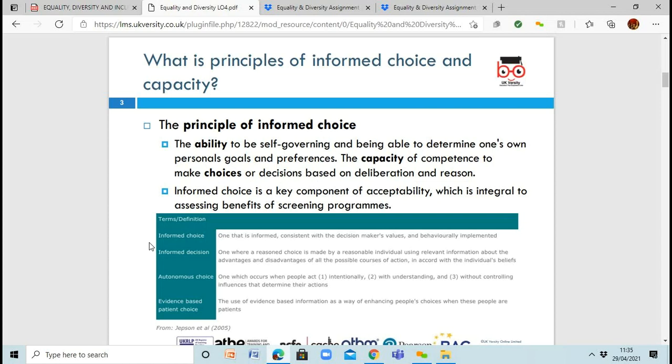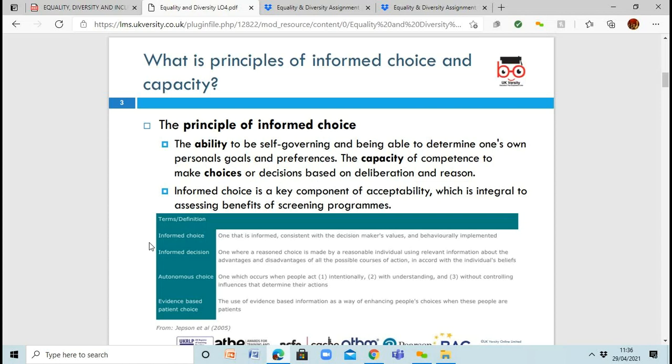So you might have information given to you. You might know exactly what you're going to do. You know 100% what you want to do, but you're not getting controlled by someone else. You've not got somebody, a family member or a caregiver, whispering to you and saying, no, this is not the right choice. You should do what I tell you.